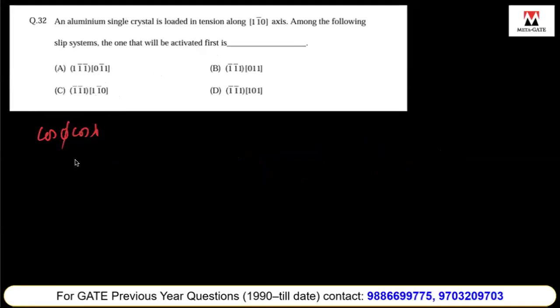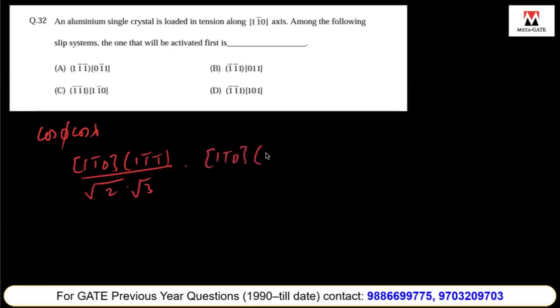So it is 1 bar 0 dot 1 1 bar, by root 2 into root 3, into 1 bar 0 0 1 bar 1 by root 2 into root 2 for A.